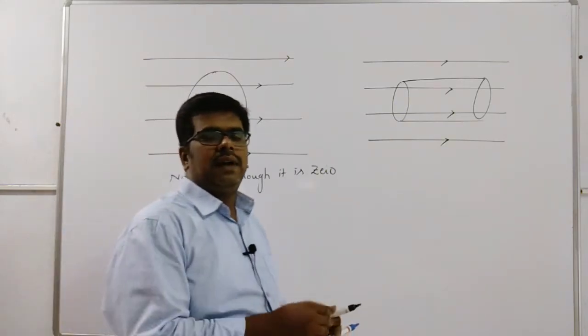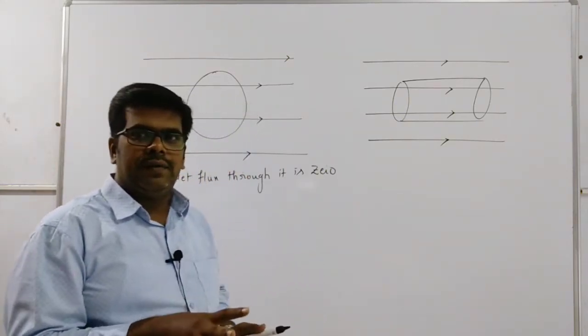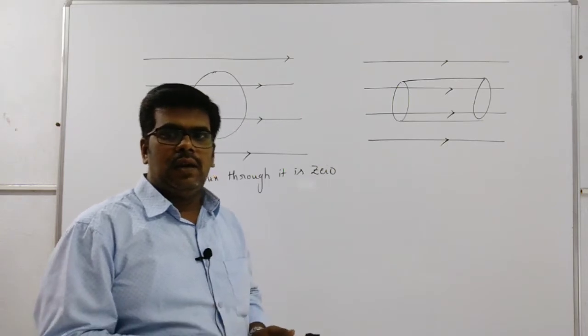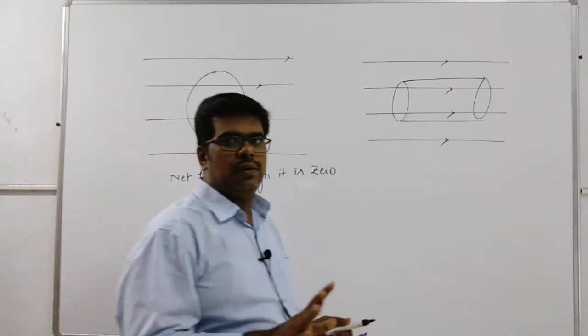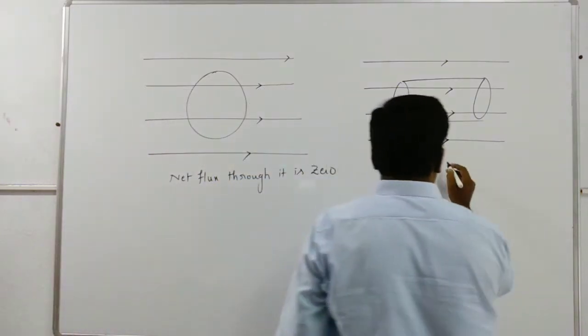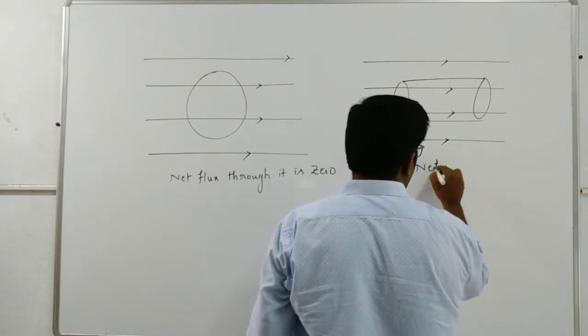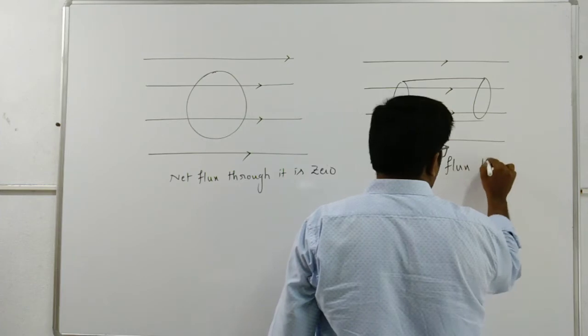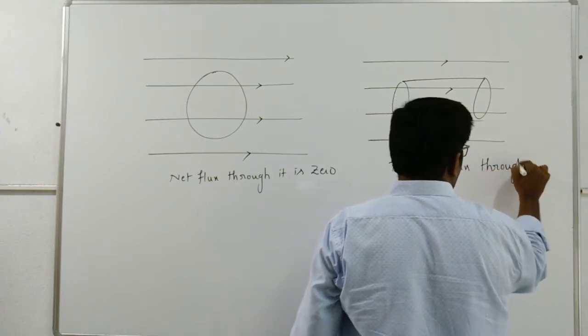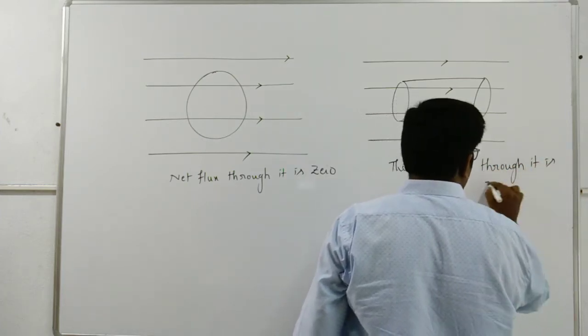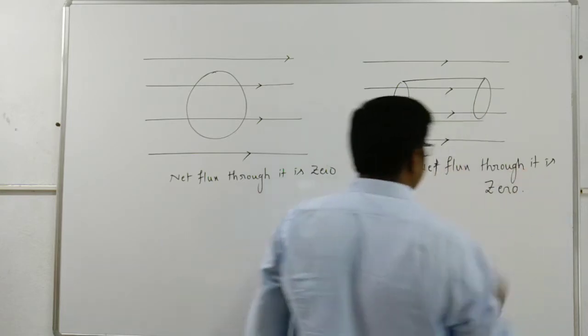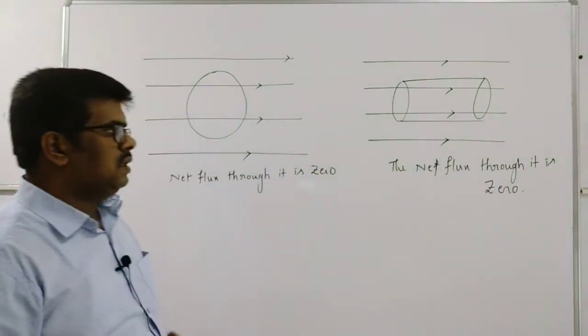That's why the net flux passing through this closed surface when it is located in a uniform electric field is 0. So we can understand that the net flux through it is 0.